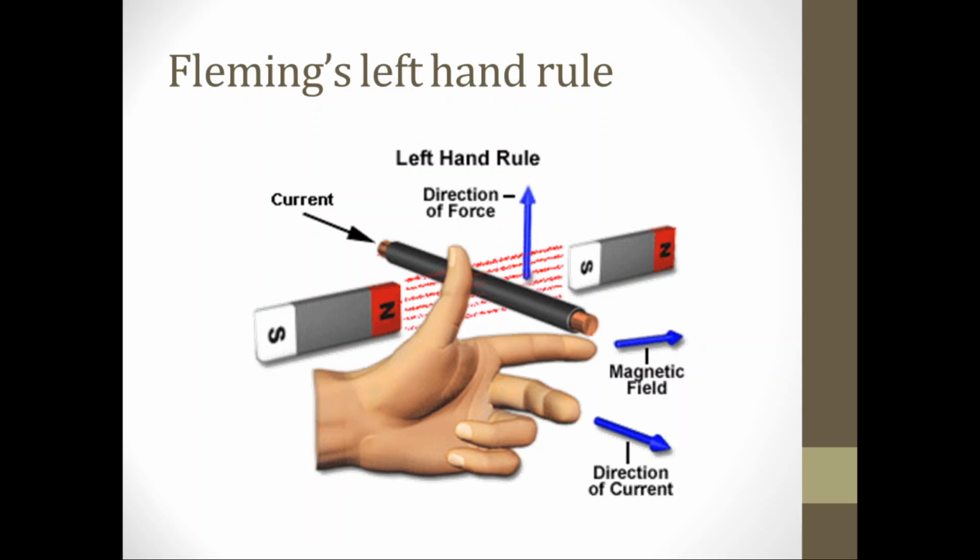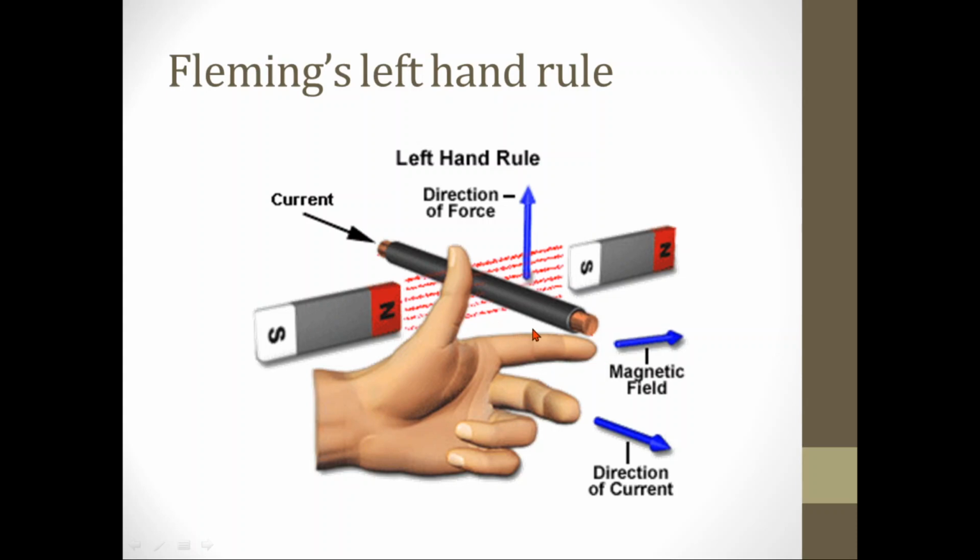According to Fleming, when your left hand is positioned as shown, the thumb represents the direction of the force experienced by a conductor. The index or pointing finger serves as the direction of the magnetic field.